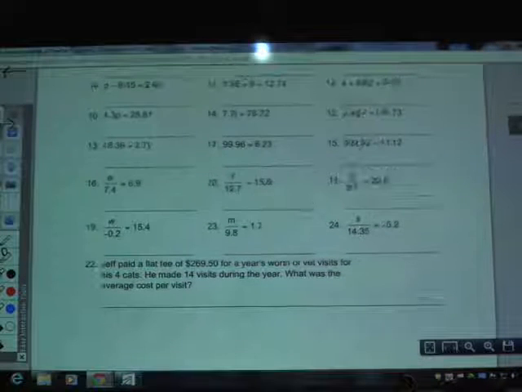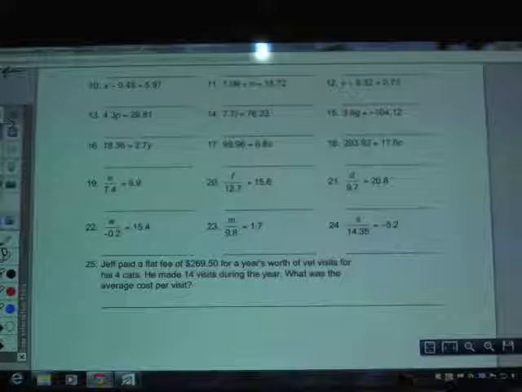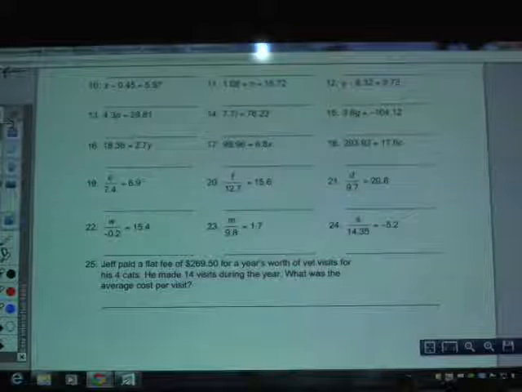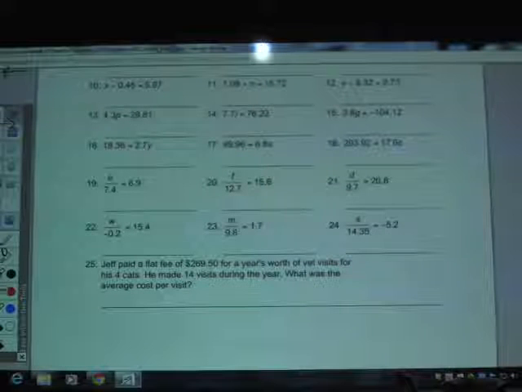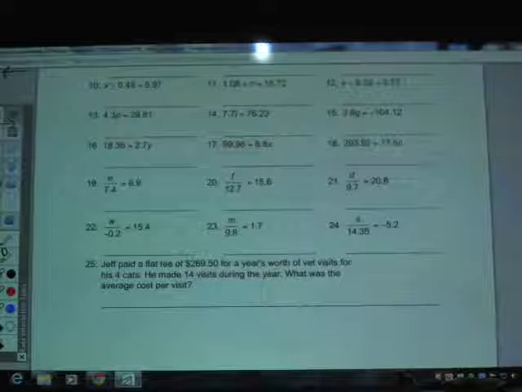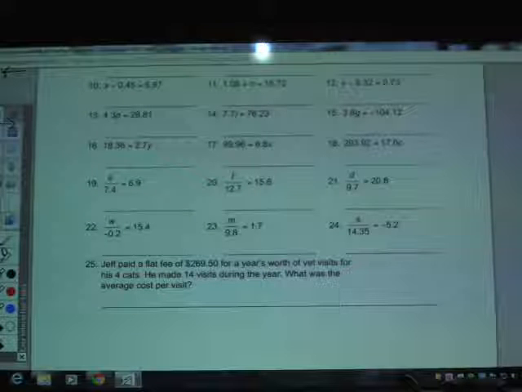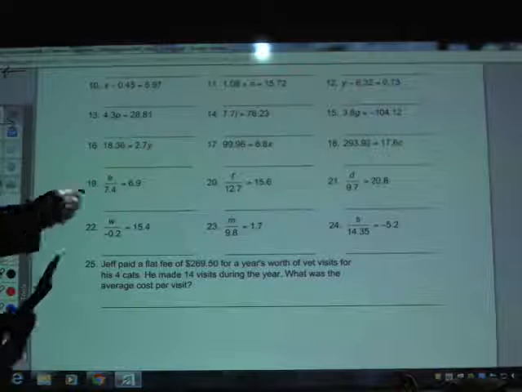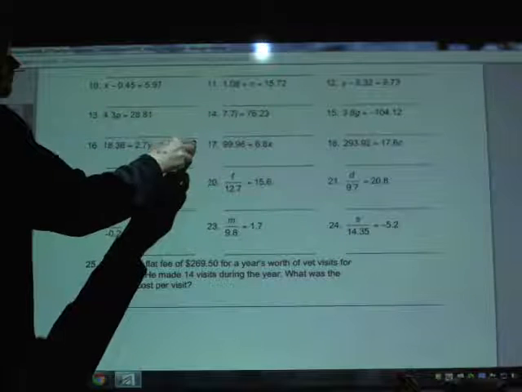The variable is on the right side, but I don't want the variable on the right side. I want the variable on the left side. So we've got lots of fixing to do here before we can jump into these questions here. So let's go ahead and fix 16, 17, 18 right away. 19, 20, and 21, the variable's on the left in all of those, so that's not going to be a problem. So we're going to rewrite 16 as 2.7y equals 18.36.